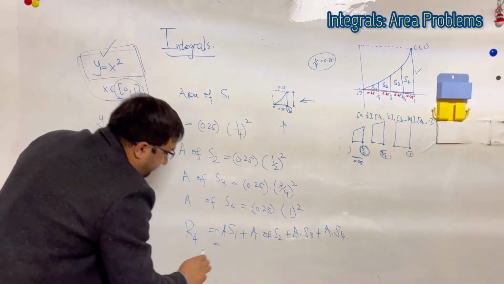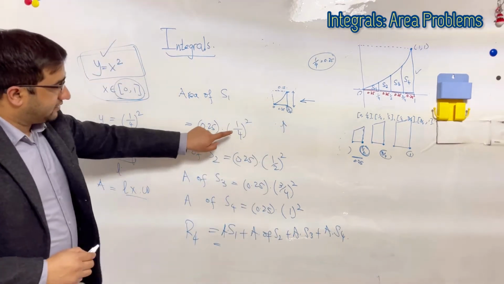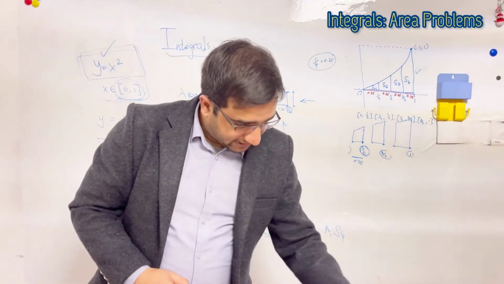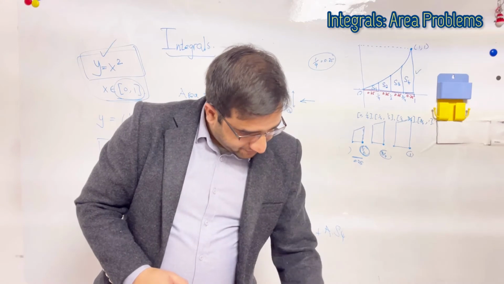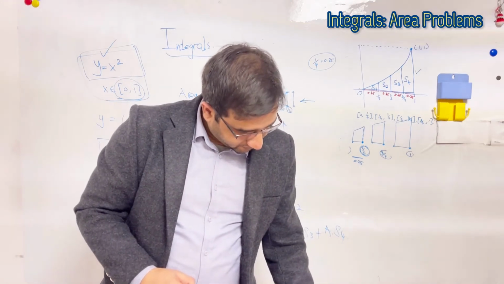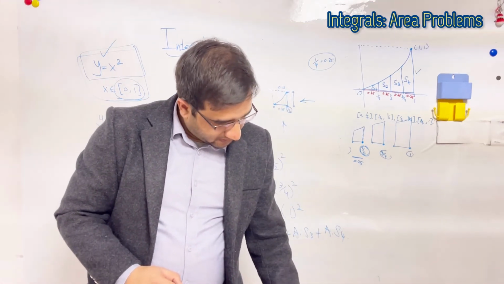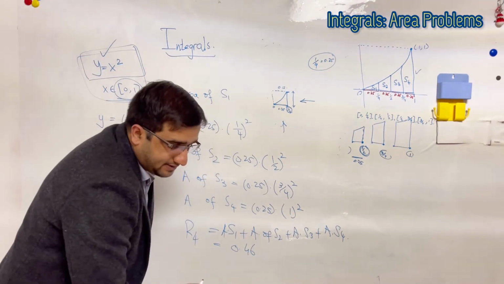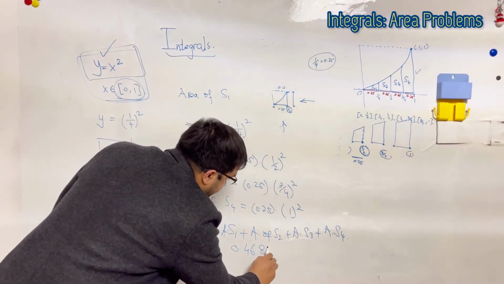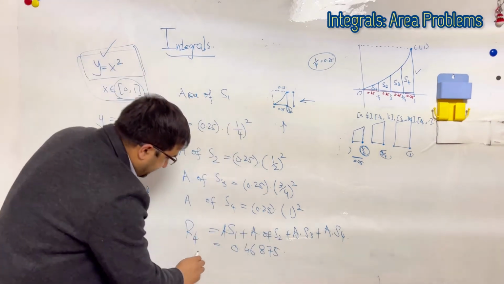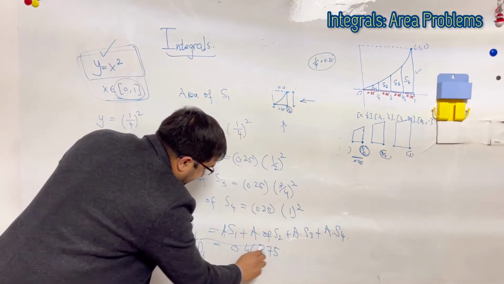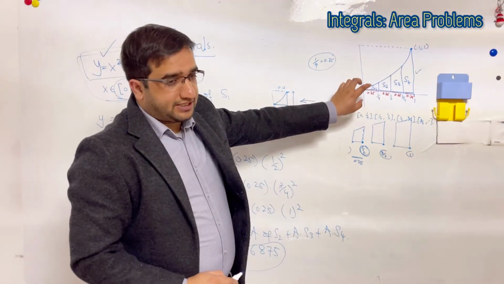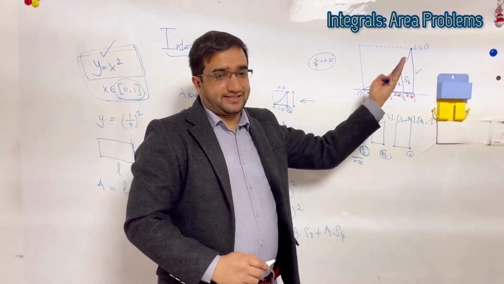When you put all these values together, the answer is 0.46875. This is the area of this whole shaded region when I am looking from the right side.